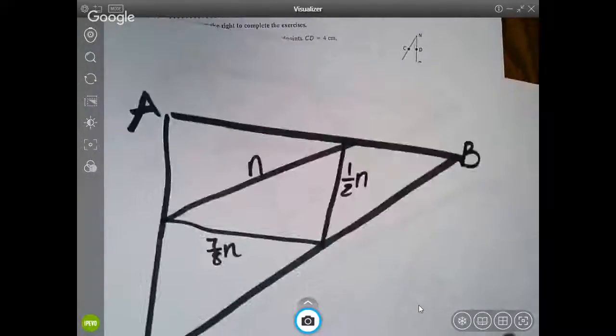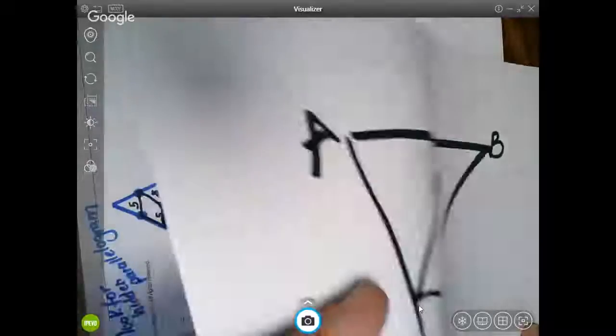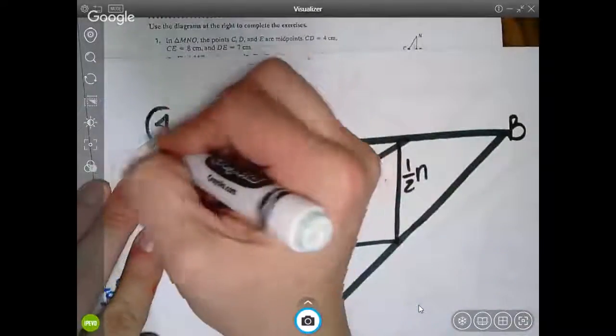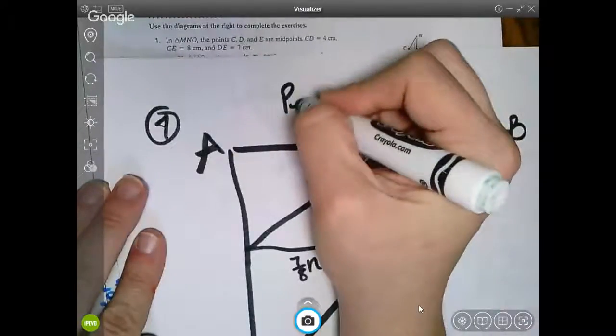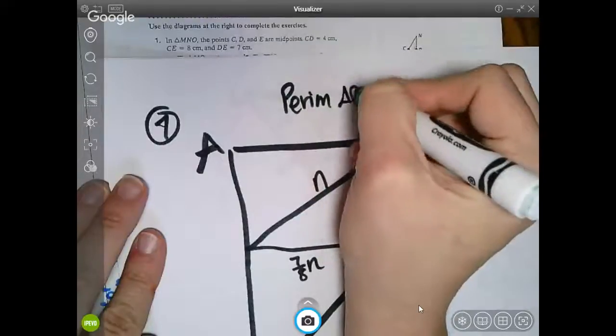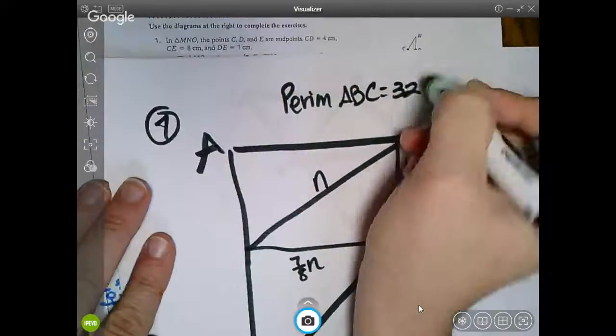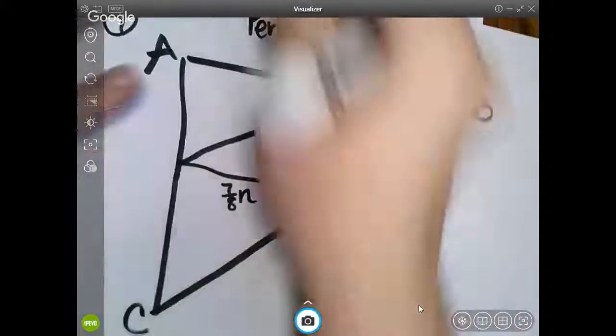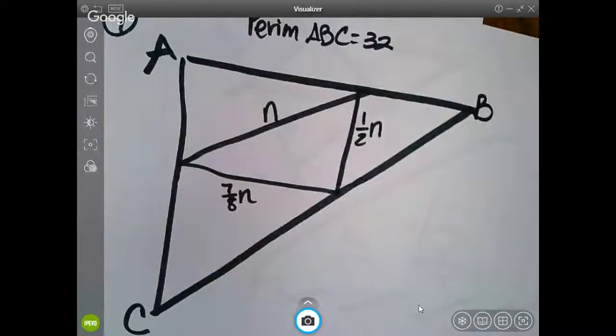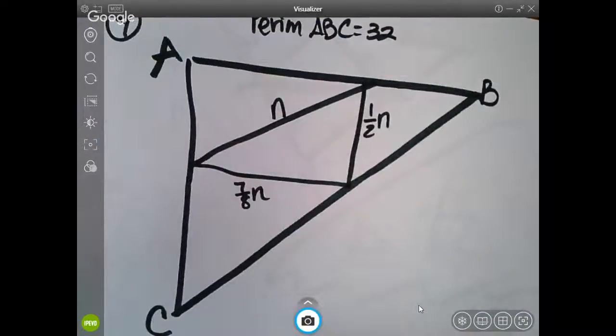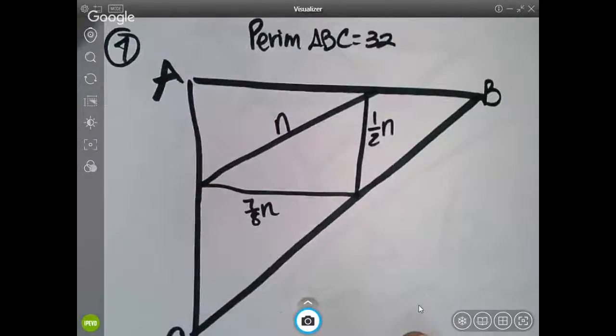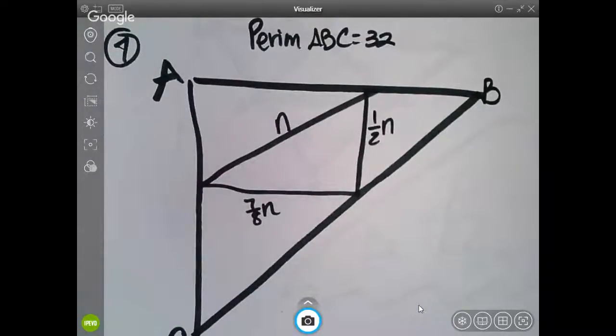Okay, everyone look at number 7, please. So basically, they give us variables and the perimeter.